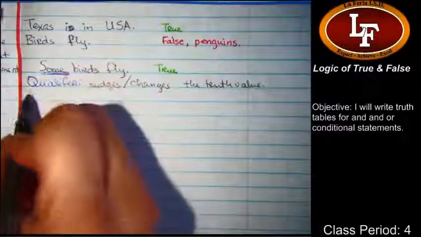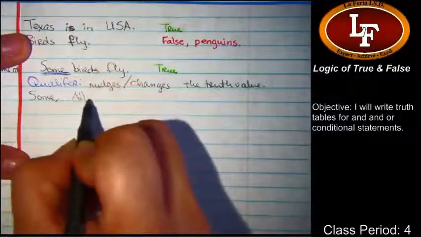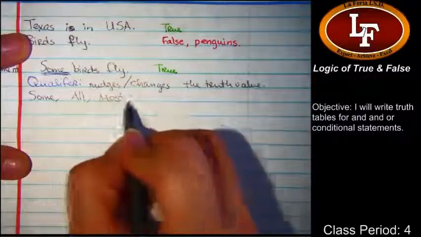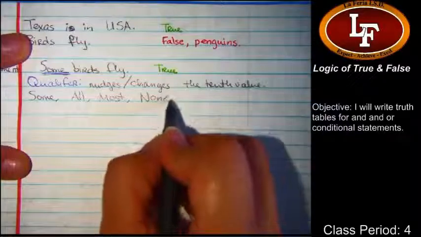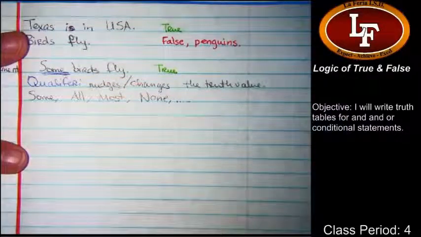Okay? And these are words like some, which is the one you used. All is another qualifier. Most. None. And those are just a few. There's a whole bunch like this. Okay?